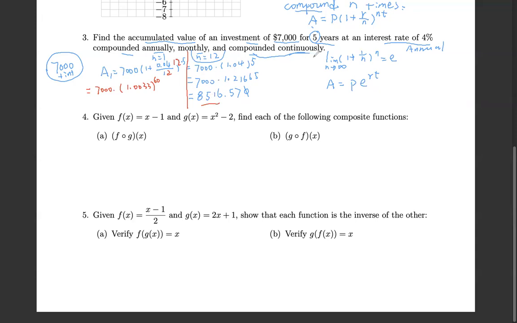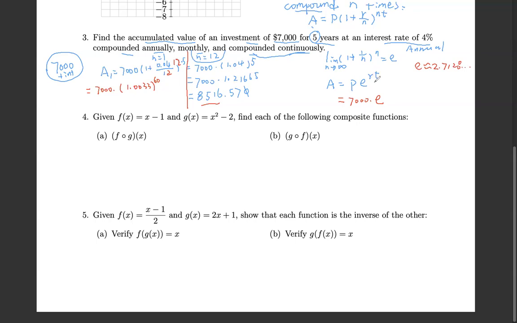For compounded continuously, we have to apply this one. The principal is still 7,000, and E is our number. This E number is on any calculator. E is like pi, an irrational number, about 2.718.